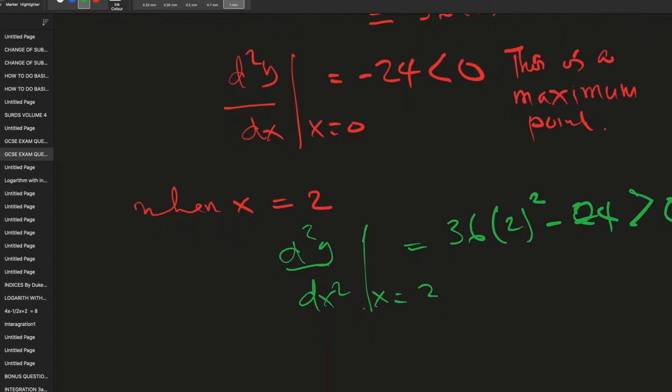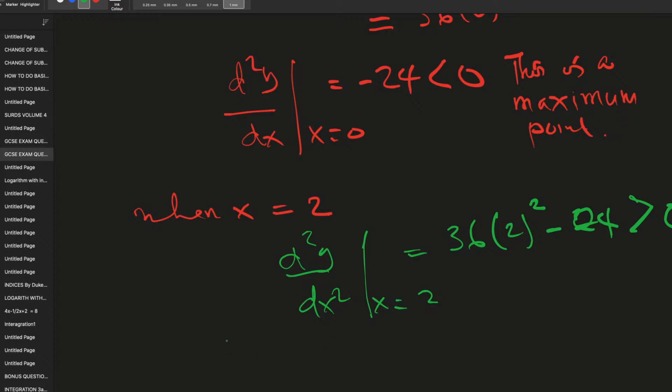So, meaning this is a minimum point. This is a minimum point when x is equal to 2.